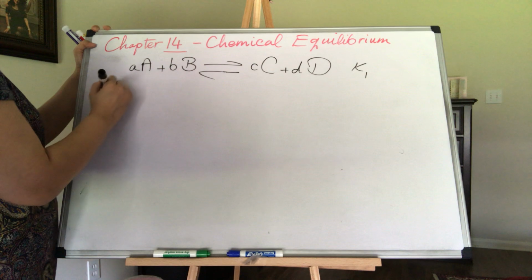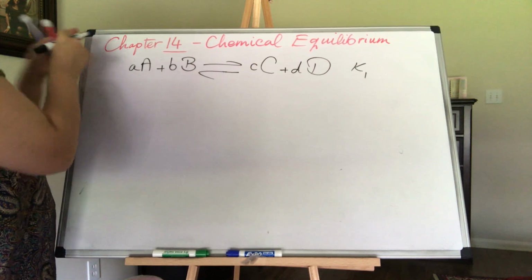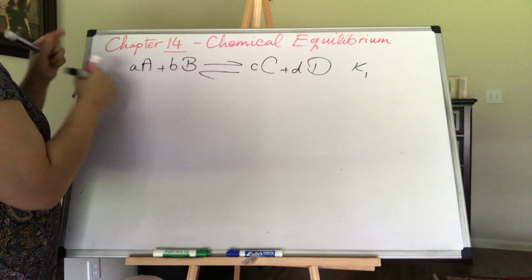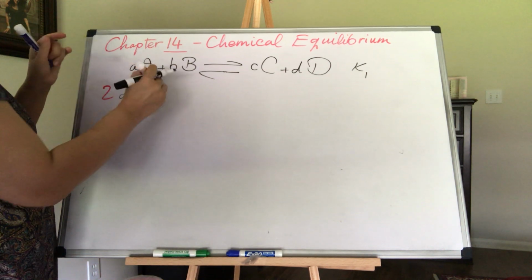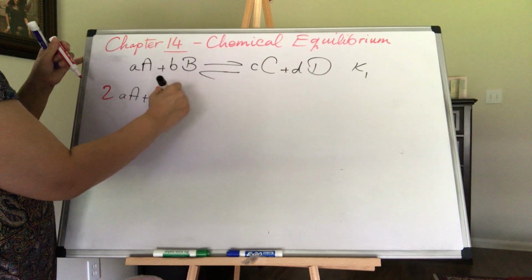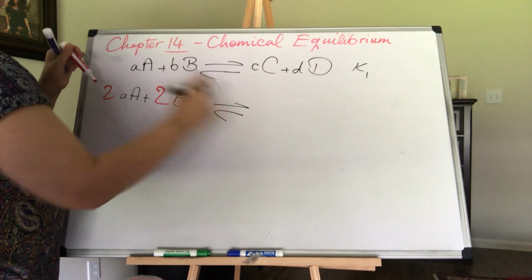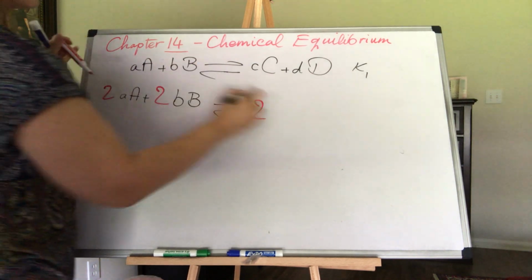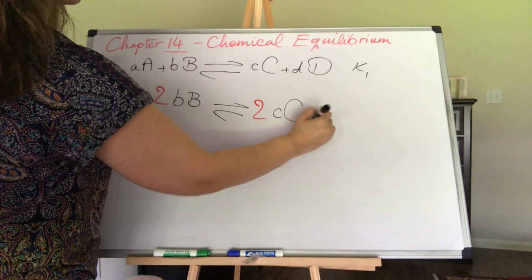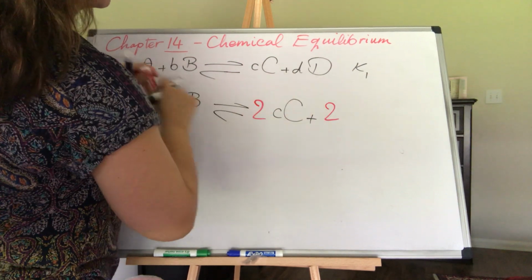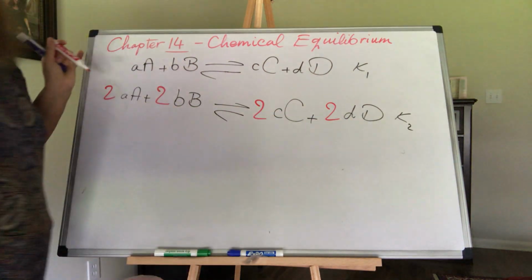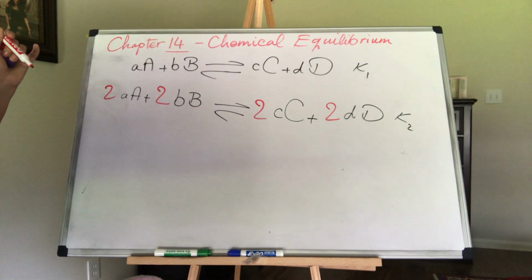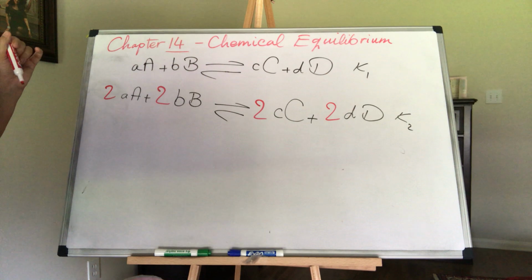If the reaction is doubled, if you double all the coefficients, so K2 is going to be what?